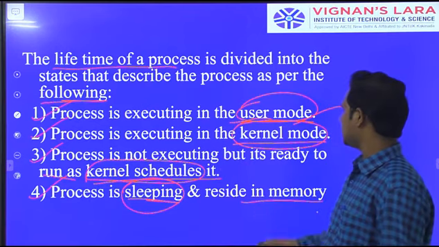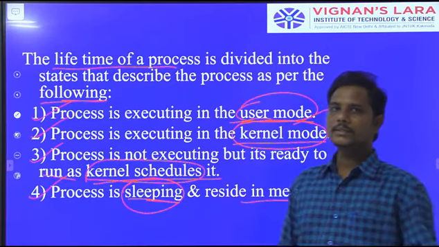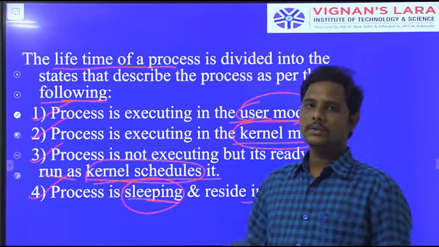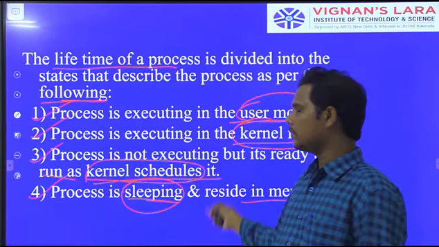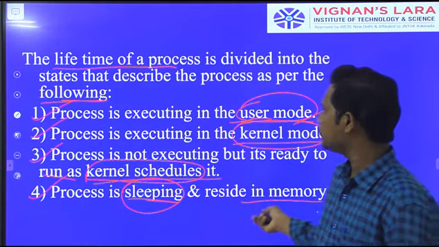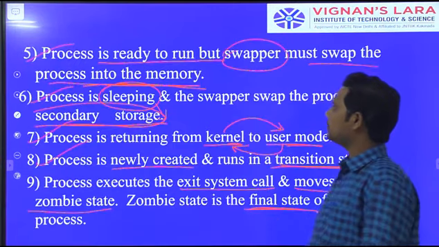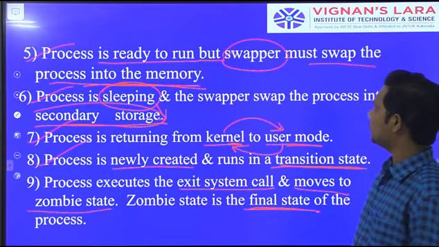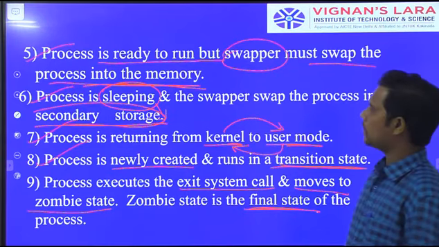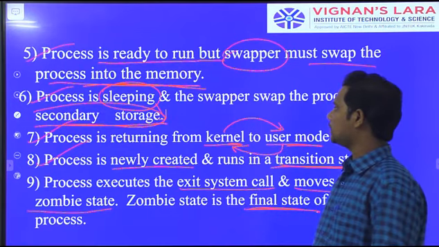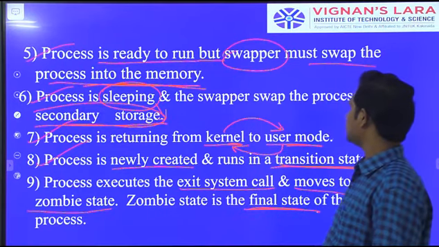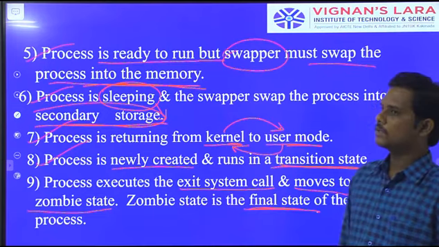The process is sleeping, residing in the memory. Because the kernel is busy, we are in the sleeping state. So this is the fourth. Now, fifth point, the process is ready to run, but the swapper must swap the process into the memory. Process is sleeping and the swapper swaps the process into secondary storage.